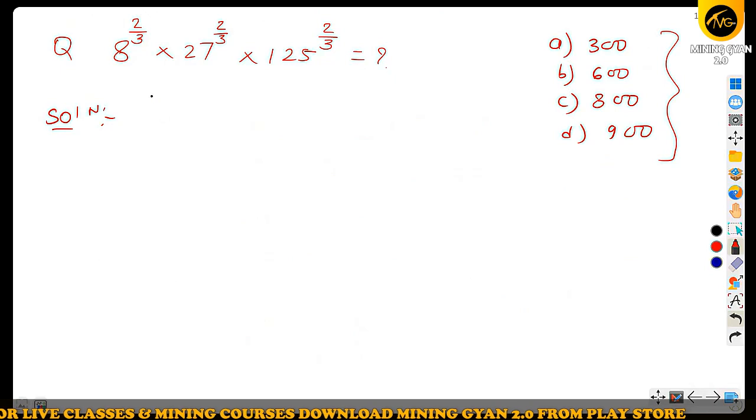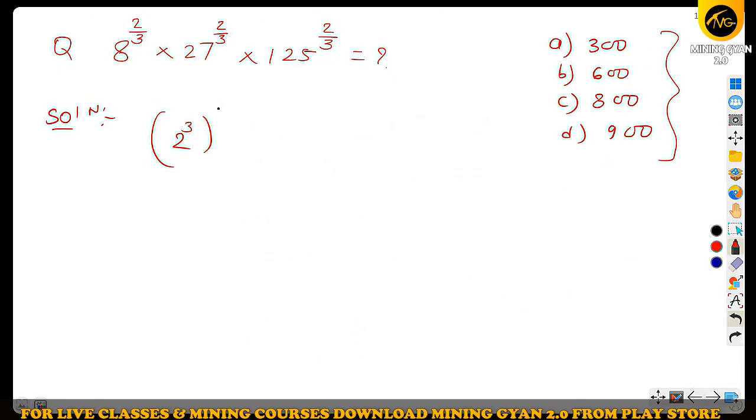Suppose we can write down 8 in the form of 2 power 3. That means cube of 2 is 8. That means 2 cube whole power 2 divided by 3.